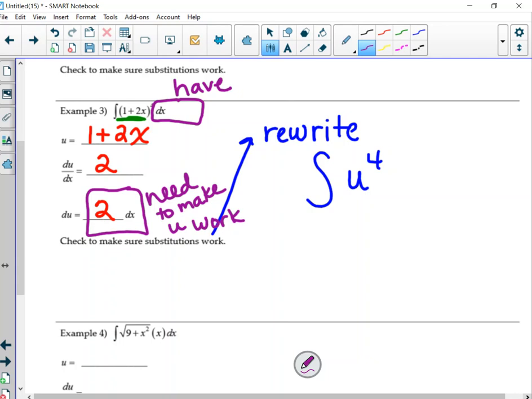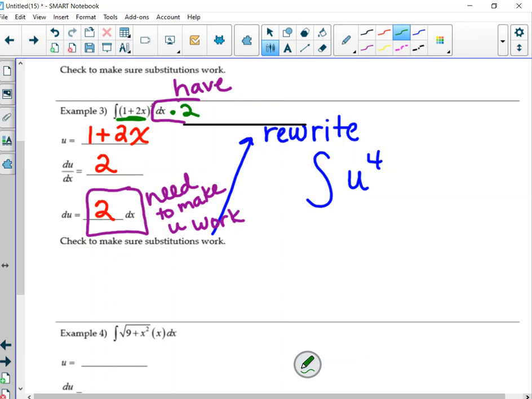Luckily, I have a math trick that I can do. So here's my trick. I'm going to put a 2 there. That's not a very exciting trick. You're like, okay, you need a 2, you put a 2. Yep. But I can't just go changing problems and make them be what I want them to be.